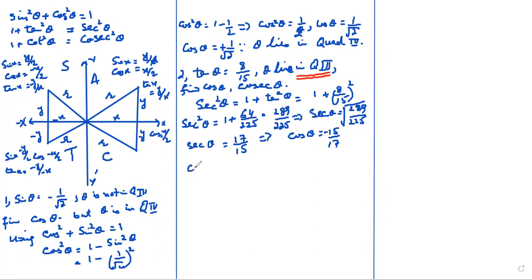Now let's go for cosecant theta. Now cosecant theta equals cotangent theta divided by cosine theta, which equals 8 over 15 divided by 15 over 17.